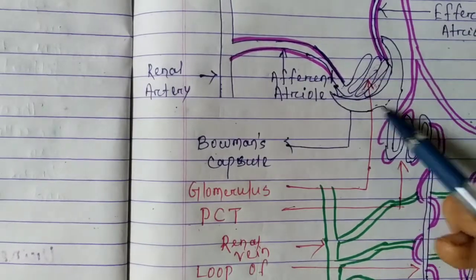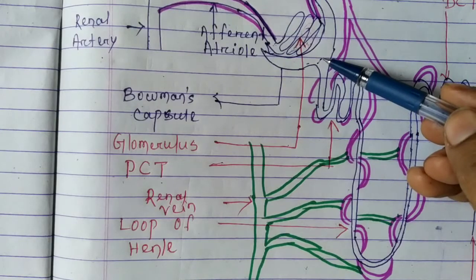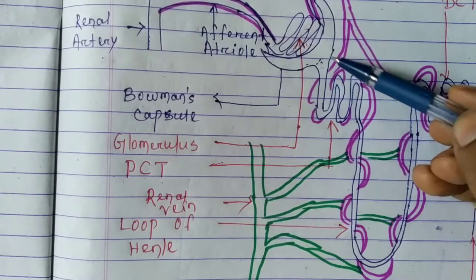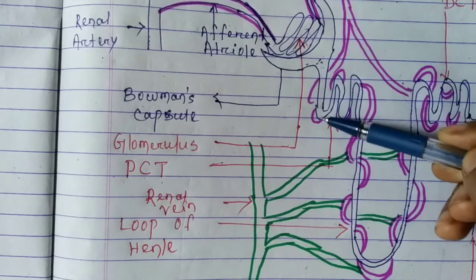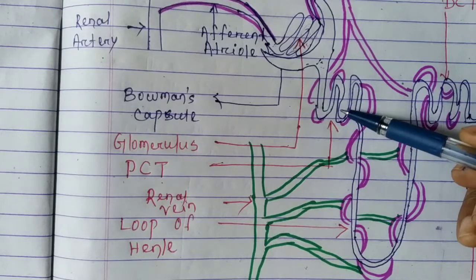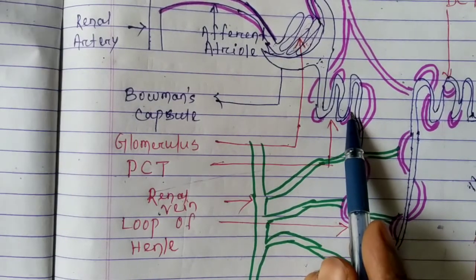Now the filtrate is known as the glomerular filtrate. The filtrate now flows into which part? The proximal convoluted tubule, the PCT part.